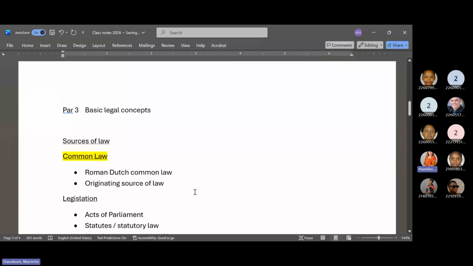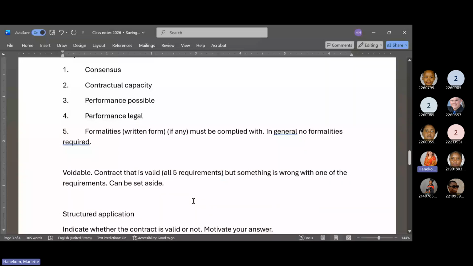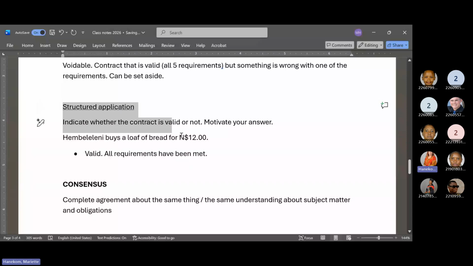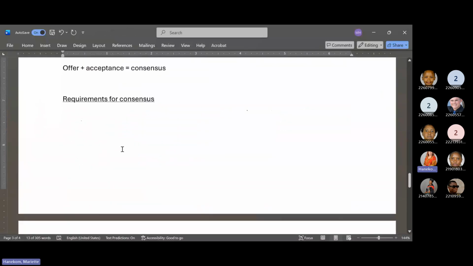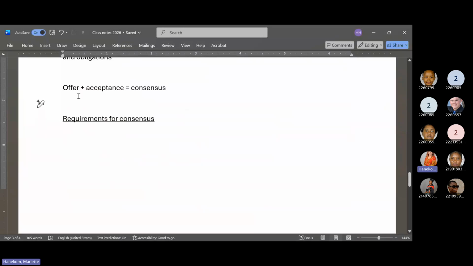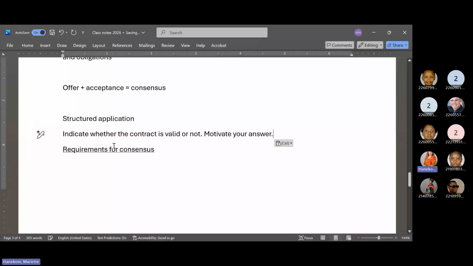I gave you an example here. Your structured application question, for example: indicate whether the contract is valid or not. That's just one example of structured application. There's a lot of variations possible.